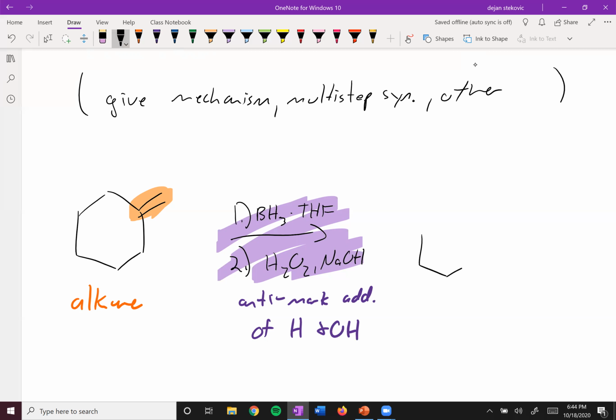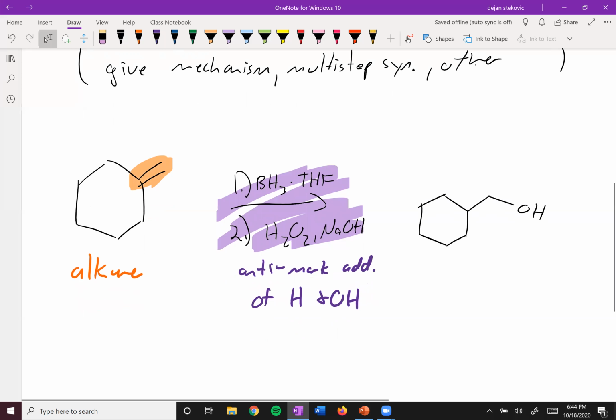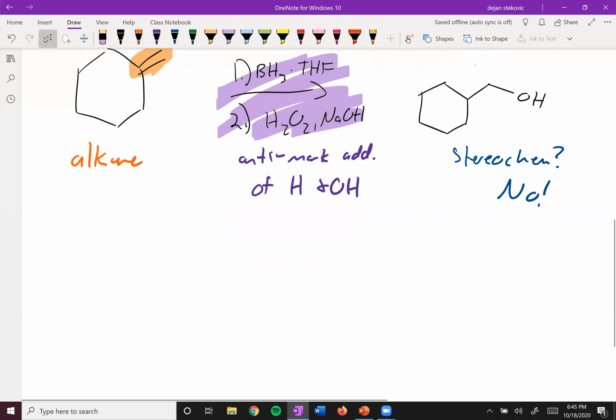And so then we can think about what our product is. So we're going to add H and OH across this double bond with the OH going on the less substituted side. And then we can think about the stereochemistry here. We see that we don't have any stereocenters, so we don't have to worry about the stereochemistry there, right? And so you want to be able to do these types of problems relatively quickly.